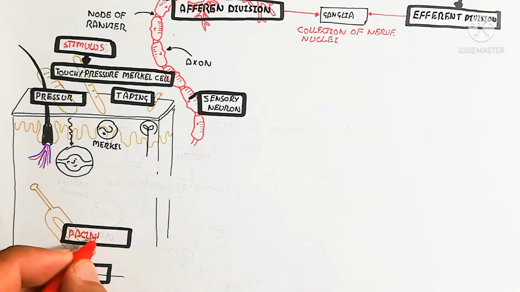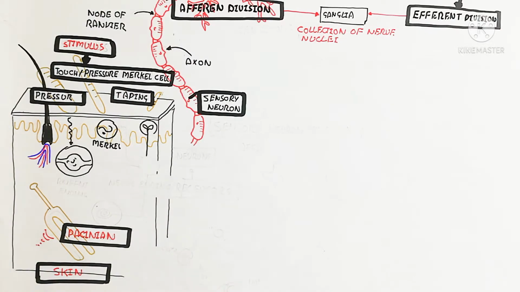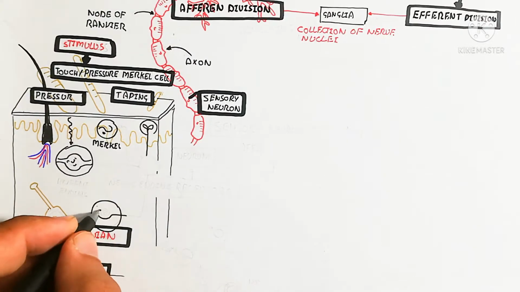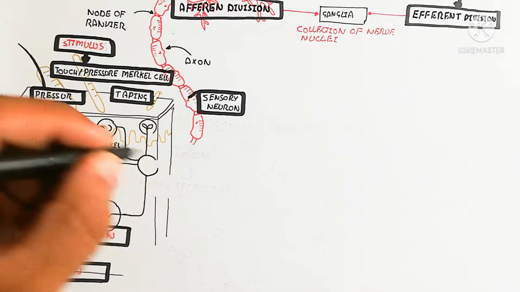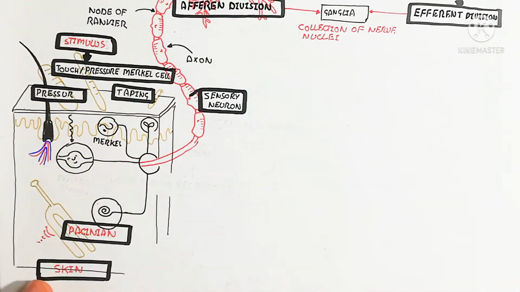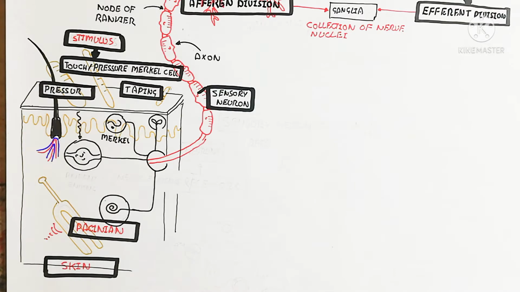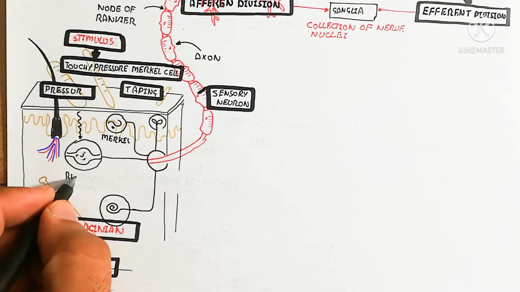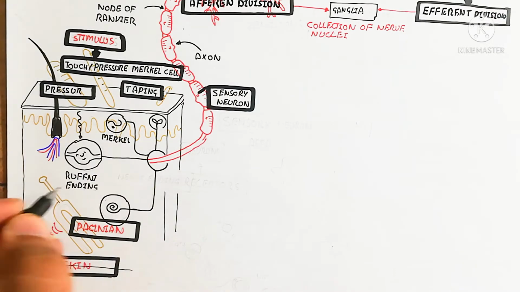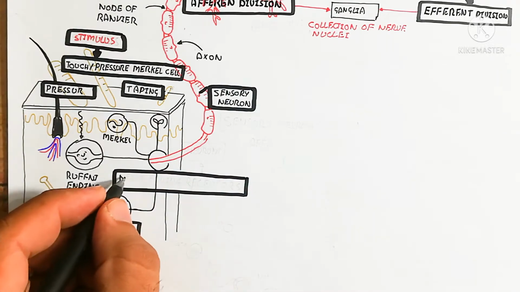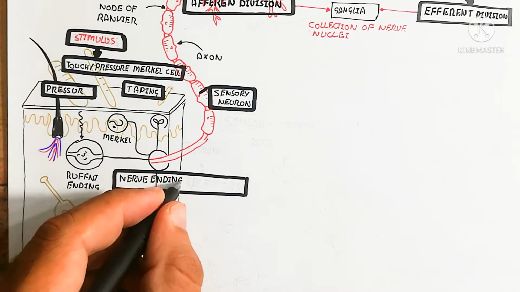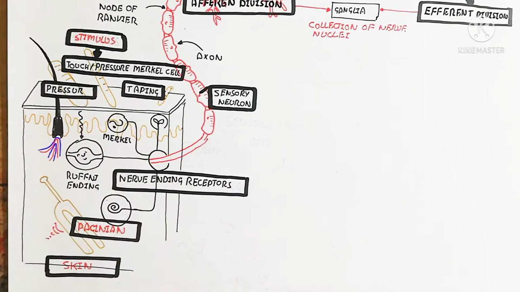Here is the Pacinian corpuscle, which is used for vibration. The important thing is that the Merkel cell, which is near the skin, senses light touch, while high pressure touch is sensed by the Ruffini ending, and vibration by the Pacinian corpuscle. So these are the nerve ending receptors.